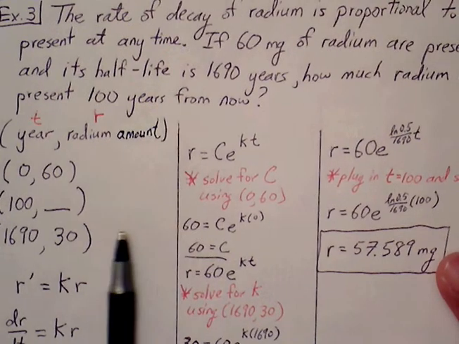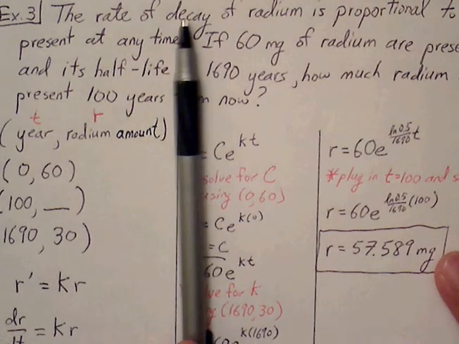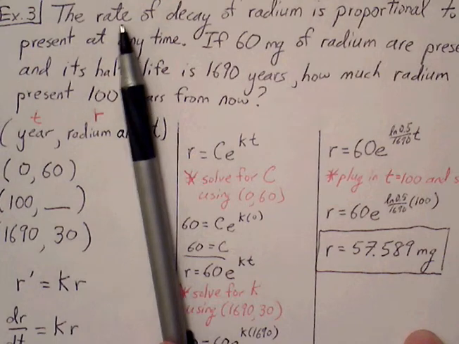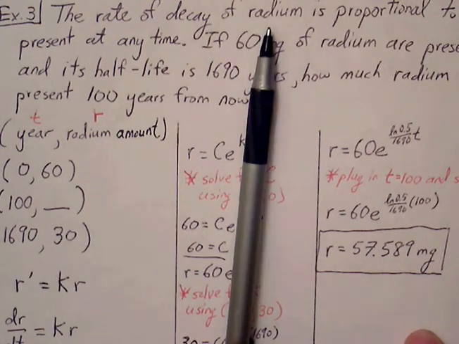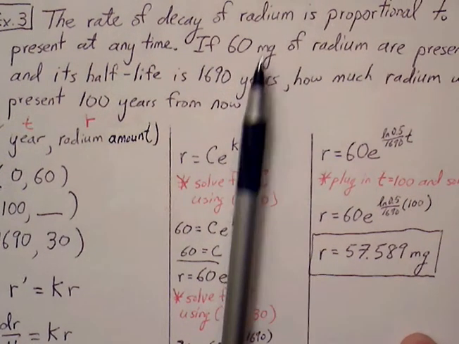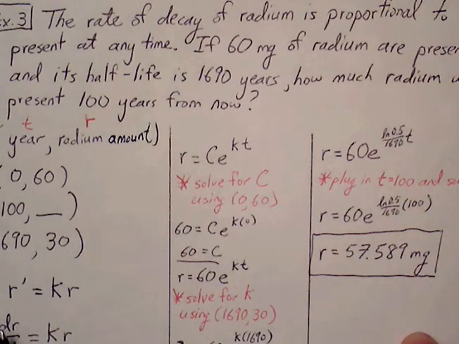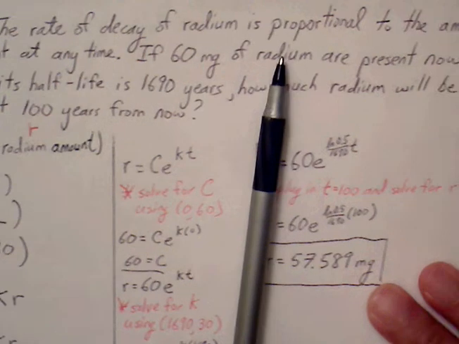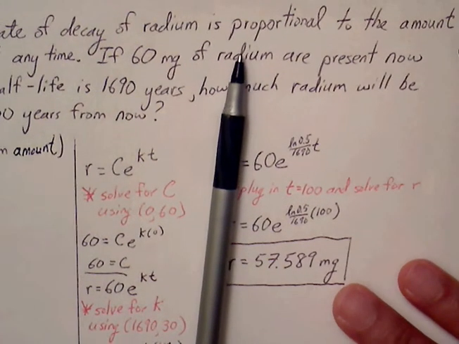It says the rate of decay of radium. So rate of decay, you see the word rate, going to be representing some sort of a derivative. So the derivative of radium, the rate of radium, I'm going to represent by r prime, is proportional to the amount present at any time.